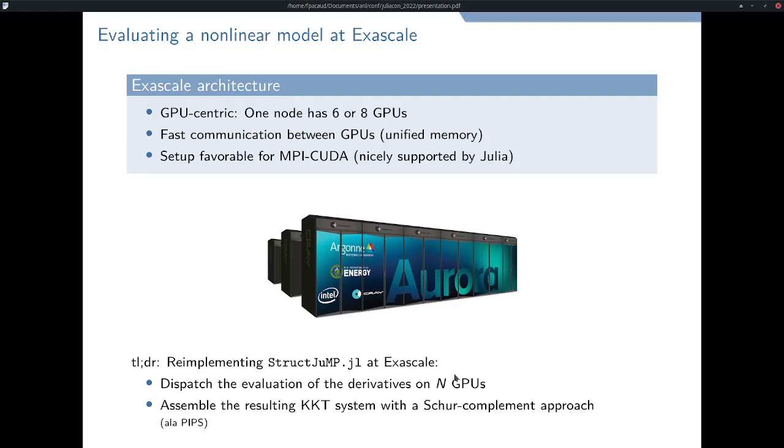In fact, this setting is quite favorable for us, because we want to exploit in the near future the coming exascale architectures, which are GPU-centric. In that kind of architecture, one node has 6 or 8 GPUs that we want to exploit. So if we come back to the stochastic OPF problem, that means the solver wants to use all the GPUs to evaluate the model.